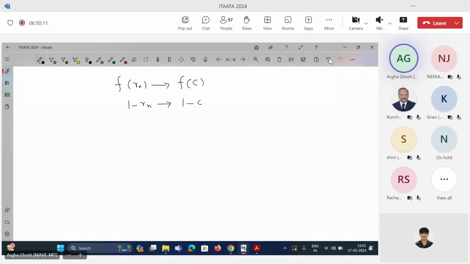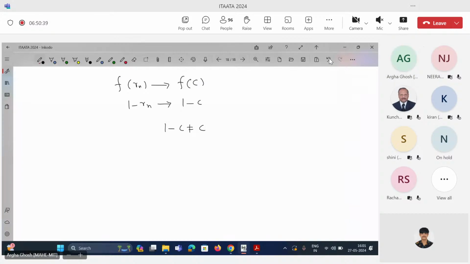And 1 minus c is not equal to c if c is not equal to half. If c equals half, 1 minus c will be equal to c. So that means if we have a rational number not equal to half, it is not going to be continuous at that point. Similarly, you can show that if it is an irrational number, it is not going to be continuous.